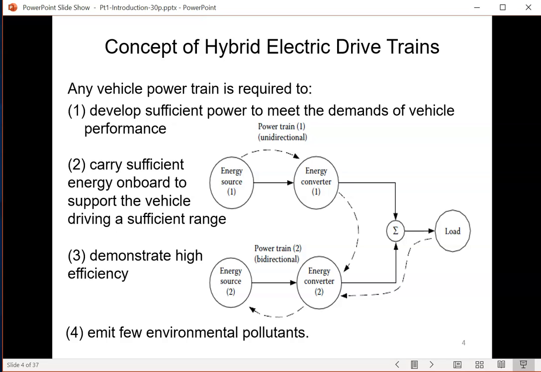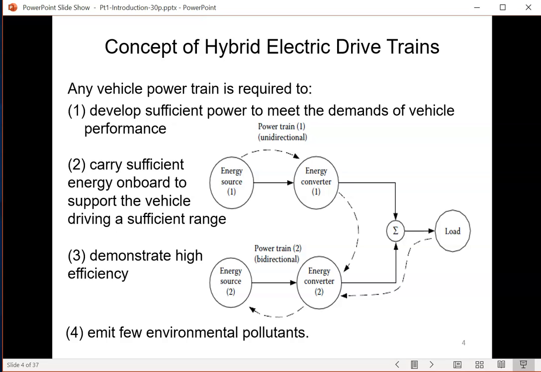But secondly, you also need to have a vehicle that carries sufficient energy on board, either the fuel, diesel or petrol fuel, or electrical power with battery storage, or some kind of hydrogen supplies.